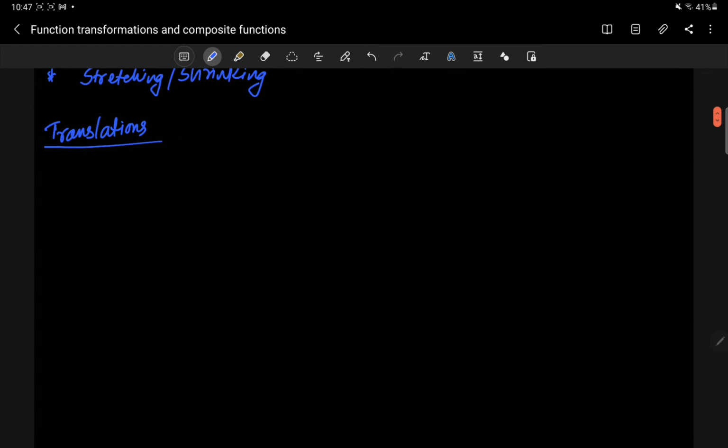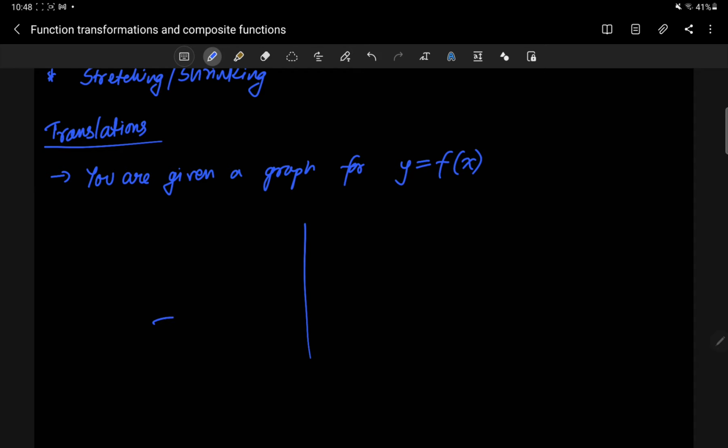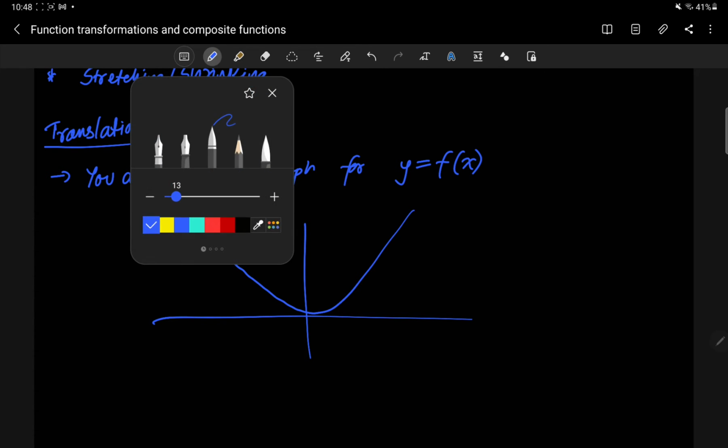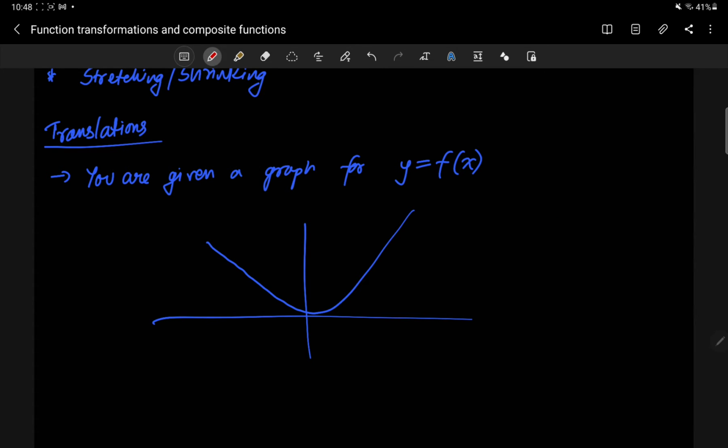Now let's say you are given a graph for some function y equals f of x, and that looks like that. Now suppose I want to move it up.